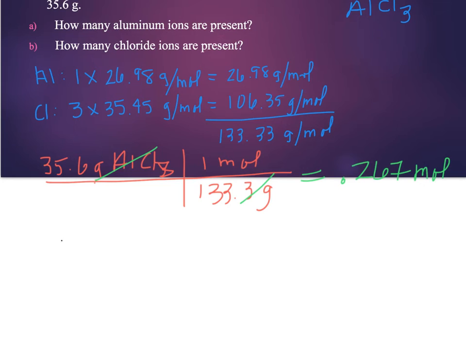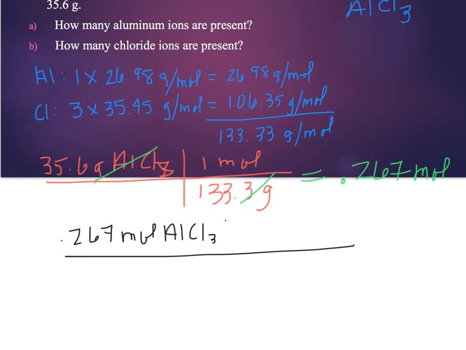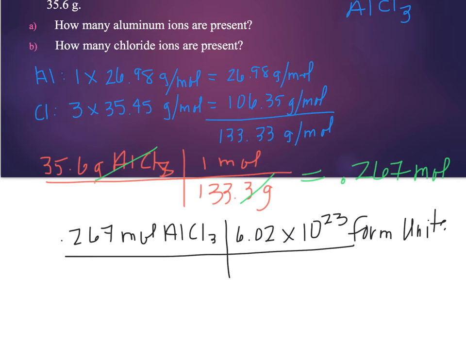So if I take my 0.267 moles of aluminum chloride, which is AlCl3, and I convert this to formula units, remember Avogadro's number is 6.02 times 10 to the 23rd formula units for every 1 mole.